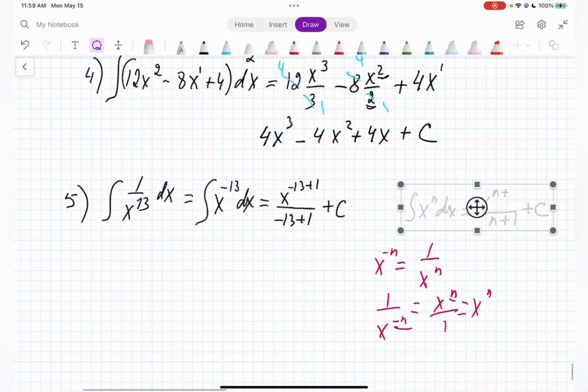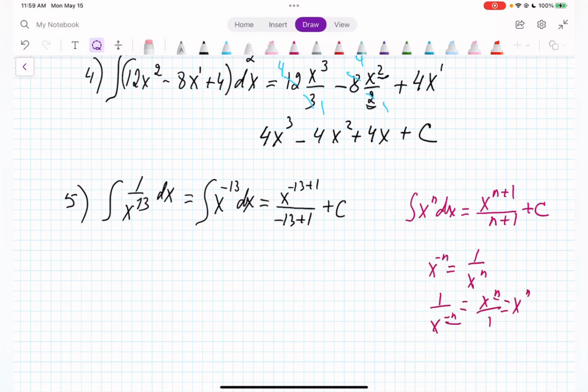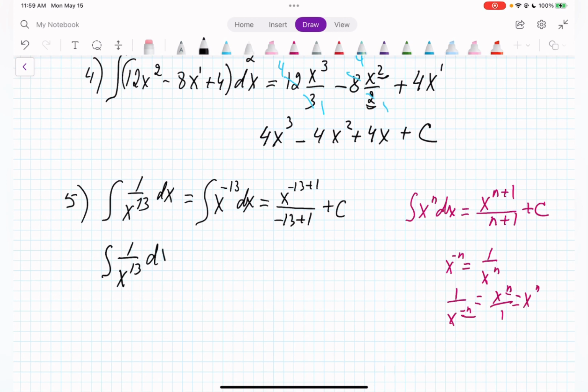Okay, so plus 1. Okay, so what do we get from here? The integral of 1 over x to the power 13 dx is equal to x to the power negative 12 over negative 12, plus c.